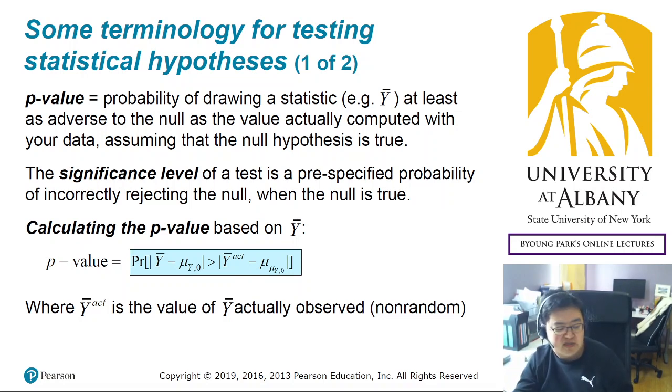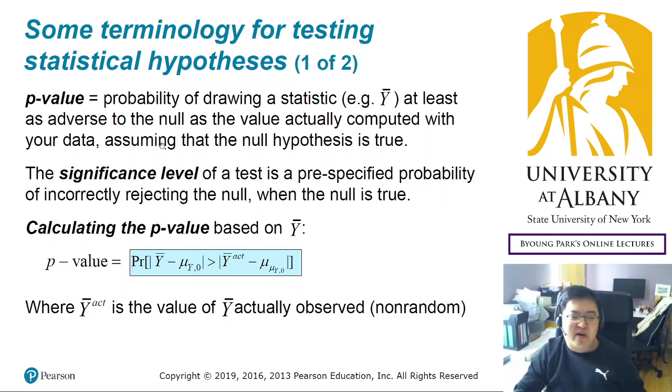No one understands it correctly. P-value is defined as the probability of drawing a test statistic, for example, the sample mean, at least as adverse to the null hypothesis as the value actually computed with your data, assuming that the null hypothesis is true. The definition takes 3 lines. I'm not sure if you could understand this.